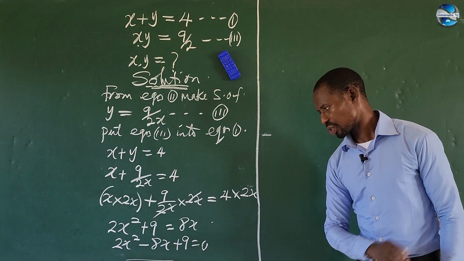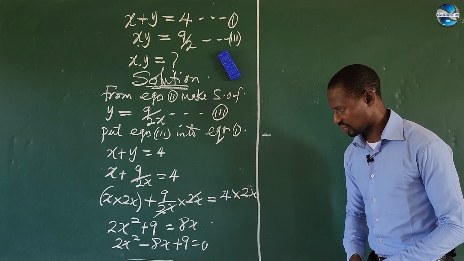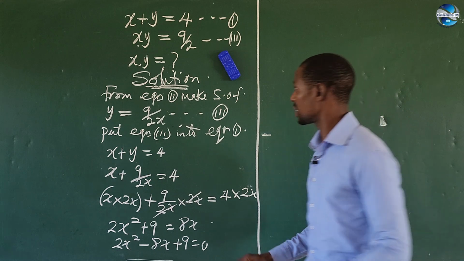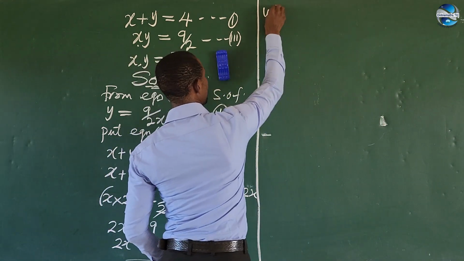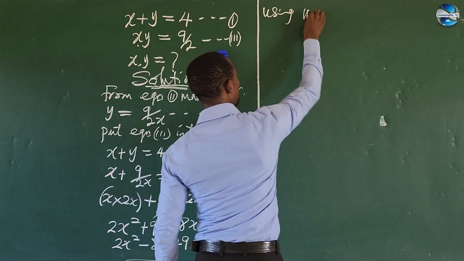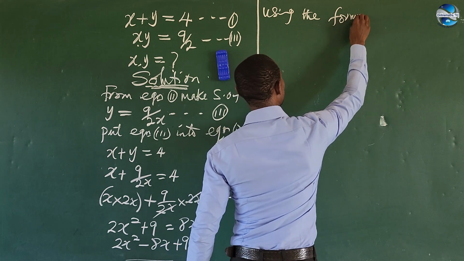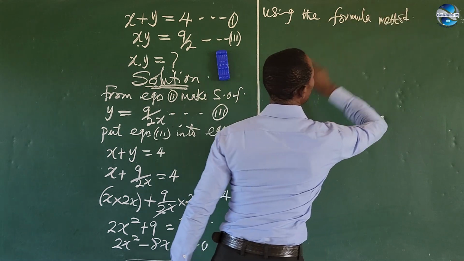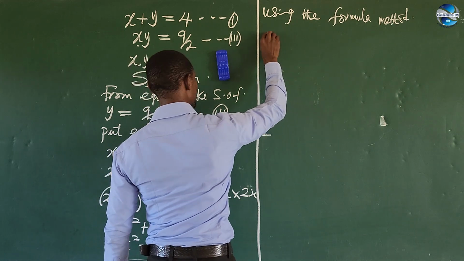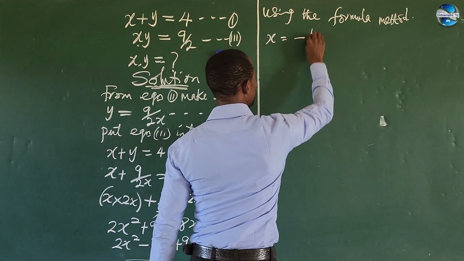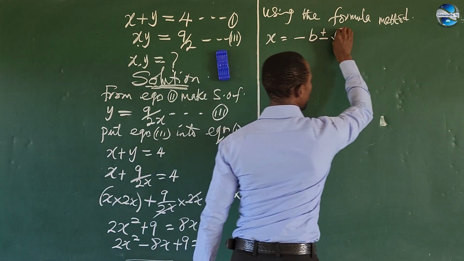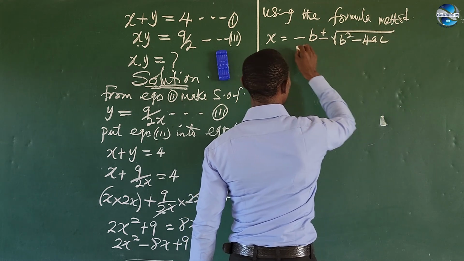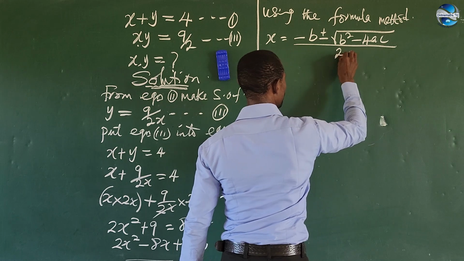Now this is a quadratic equation, so we want to solve this quadratically. Can we use the factorization method? No. So let's use the formula method to solve this. Using the formula method, x will be equal to minus b plus or minus the square root of b squared minus 4ac, everything all over 2a.